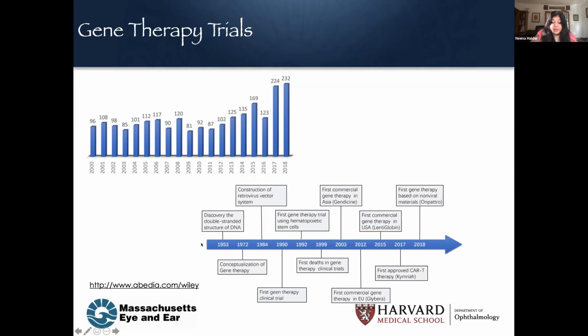And I like to just mention this timeline here that in 1953 was the discovery of the double-stranded DNA. And it took a couple of decades to construct the retrovirus system, conceptualized gene therapy. And the first gene therapy clinical trial was in 1992. The early 1990s were the first gene therapy trials that came about.